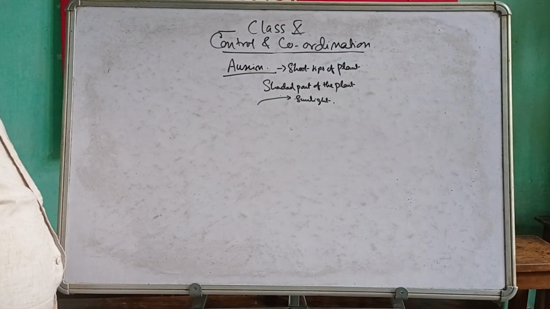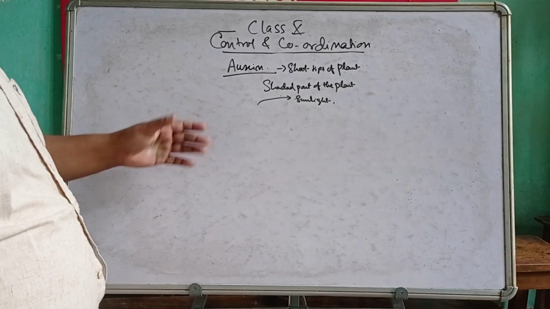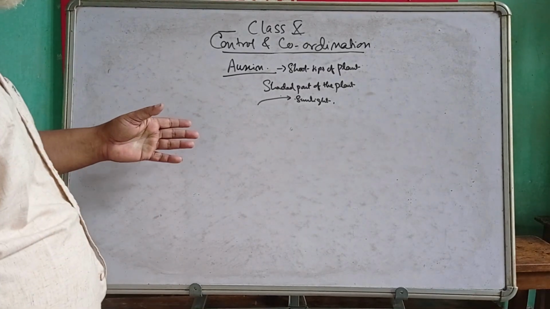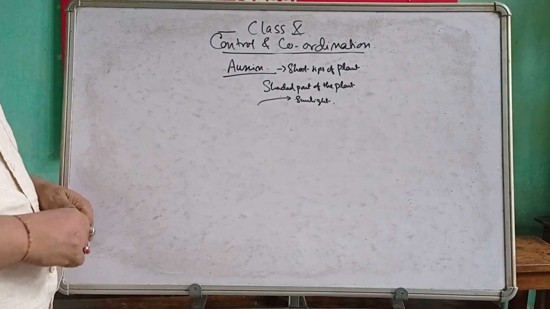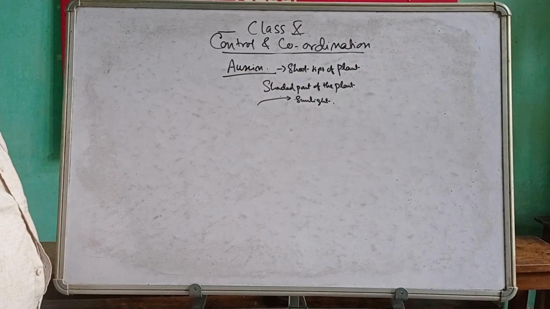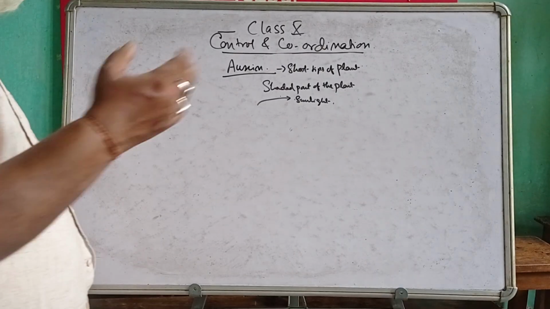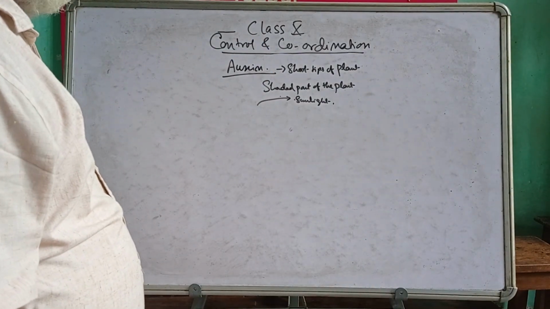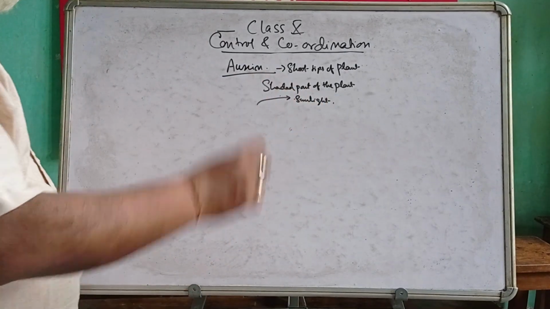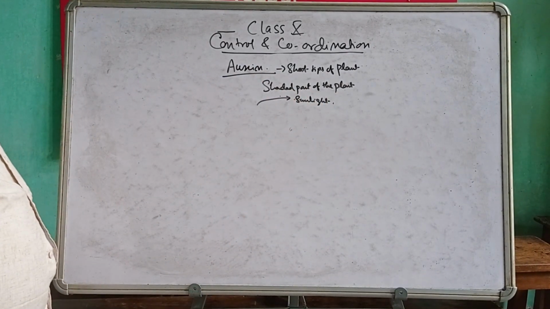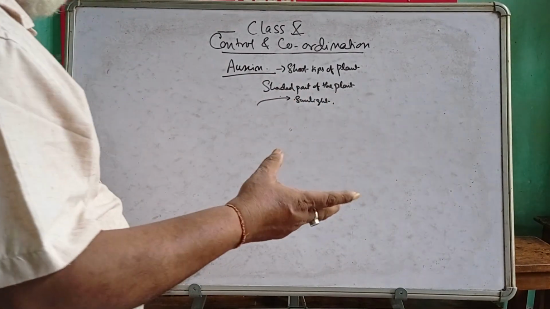There are also some topics here, that is plant movement: phototropism, that means movement towards light, then movement towards gravity, movement towards chemicals.